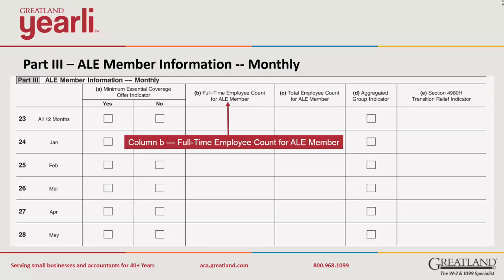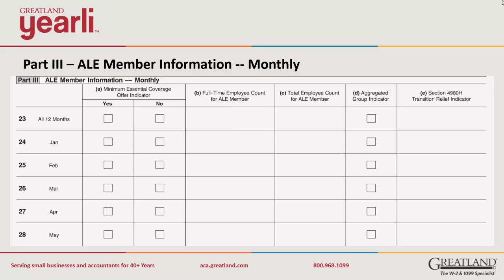Enter the number of full-time employees for each month in column B. Do not count any employee in a limited non-assessment period. Enter the number of employees including full-time employees, non-full-time employees, and employees in a limited non-assessment period for each month in column C. If the employer checked yes on line 21, check each month in column D that the employer was a member of an aggregated ALE group.